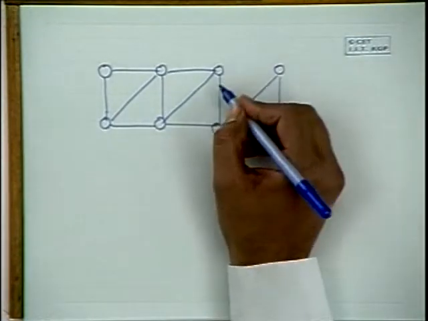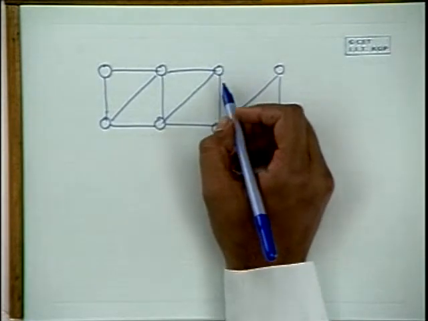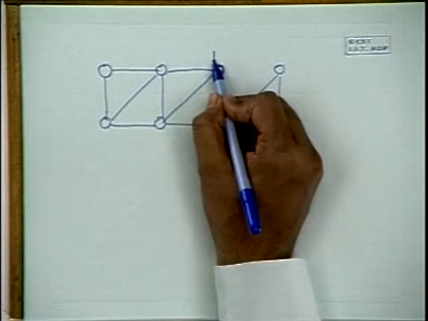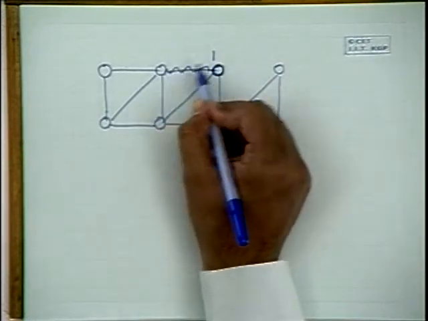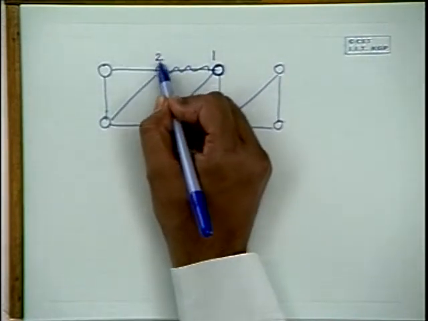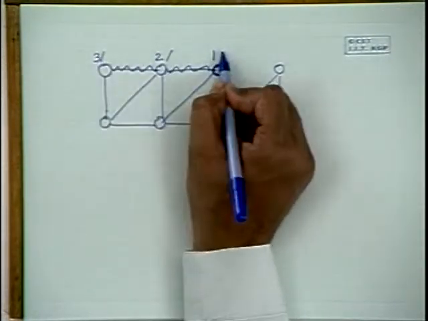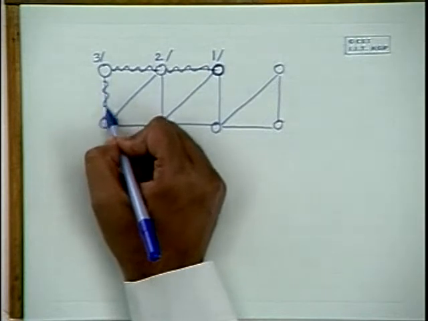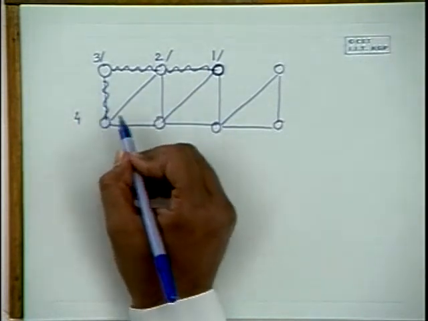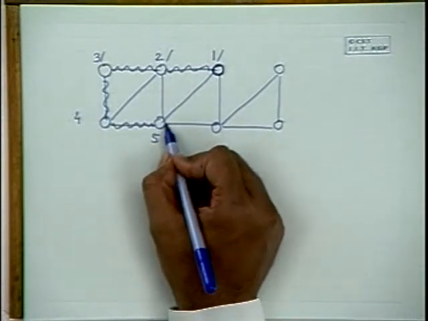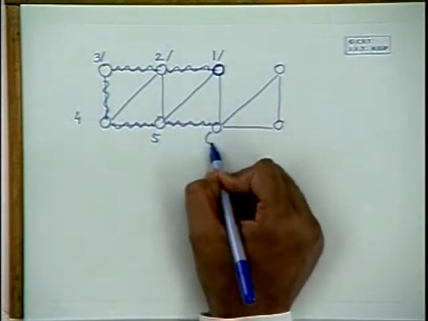So suppose we start from this node. We go this way, 1, so this becomes 2, then from here we go this way, this becomes 3, then we visit this, it becomes 4, then we visit this 5, then we visit this 6.